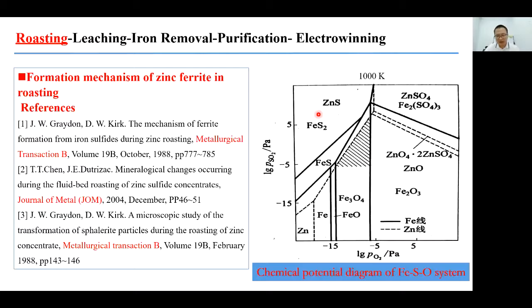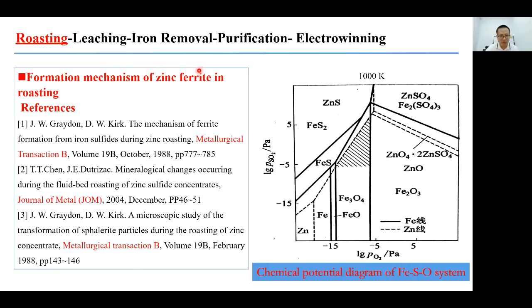Besides the impurity elements like lead, copper, and silica, another very important impurity element is iron. I have talked with a lot of people and said that iron is the main target which should be removed in non-ferrous metallurgy, no matter what kind of metals you are dealing with.